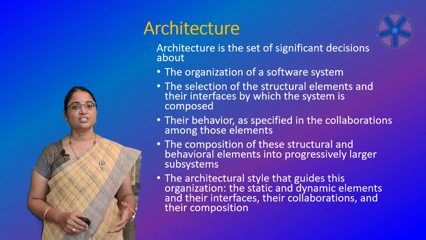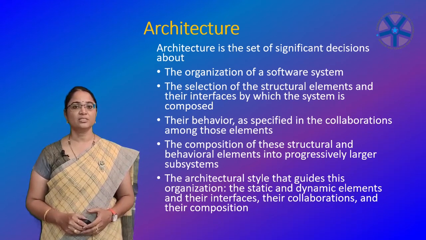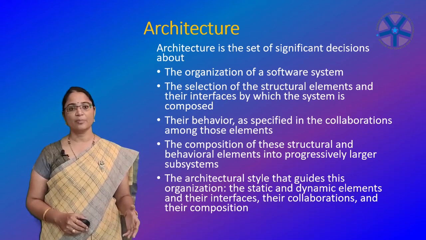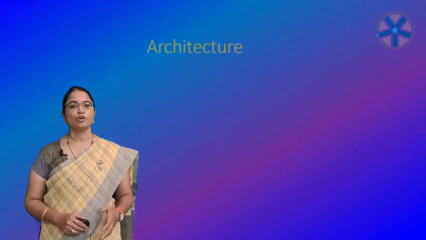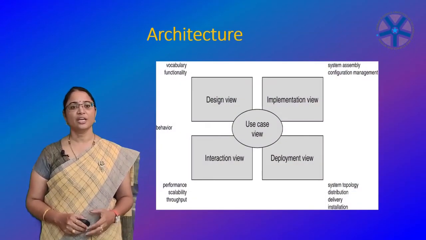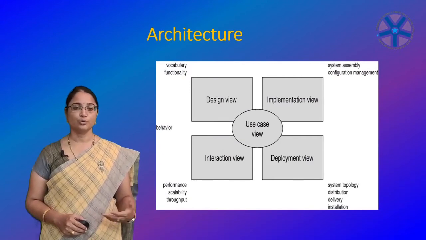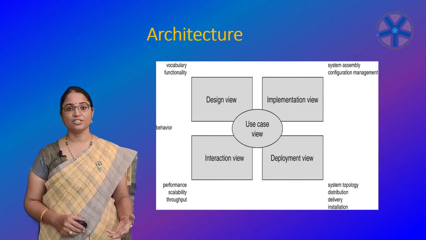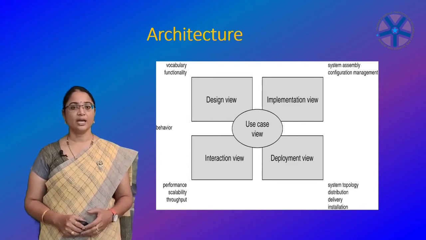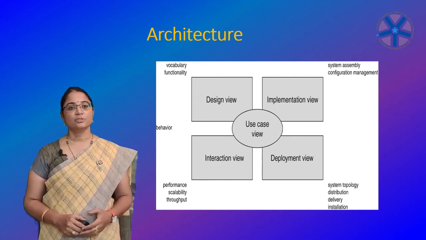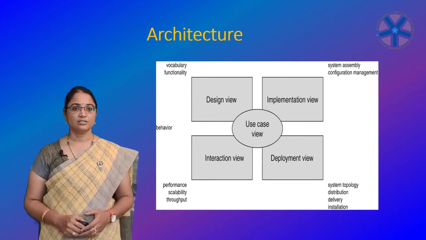The architectural style that guides this organization, the static and dynamic elements and their interfaces, their collaborations and their composition. Software architecture is not only concerned with the structure and behavior, but also with uses, functionality, performance, resilience, reuse, comprehensibility, economic and technology constraints, and trade-offs and aesthetic concerns.